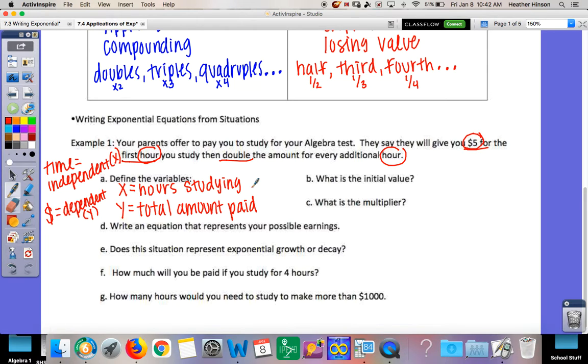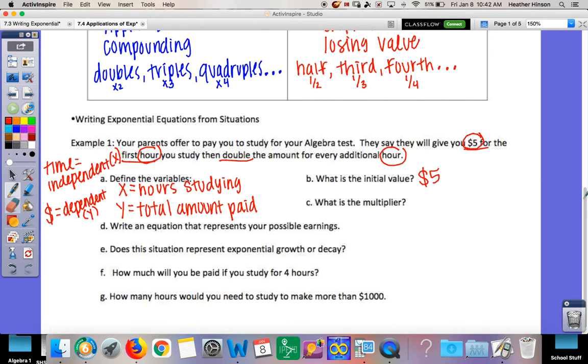Okay, what's the initial? Just for you to start studying, what are your parents going to give you? Well, they're going to give you $5 just for you to start. What's the multiplier? What is your money going to change by every single time? How much is it going up or down?